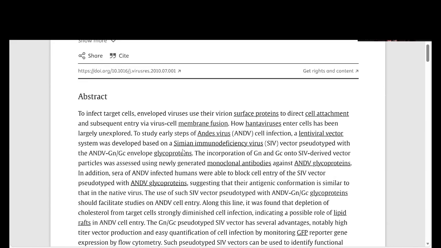But better yet, you can actually just build it by just using plasmids and have a plasmid that codes for the SIV, take out the SIV typical glycoprotein spike, and insert the code for the GNGC.